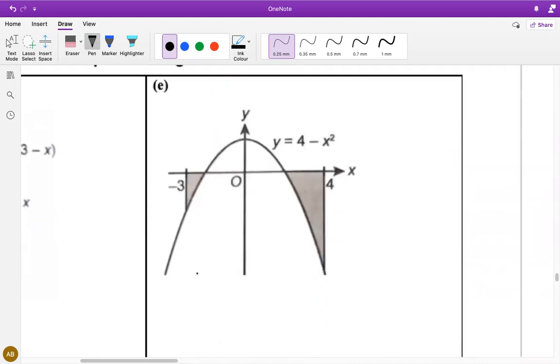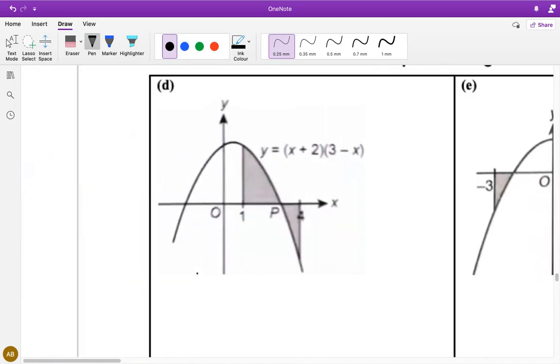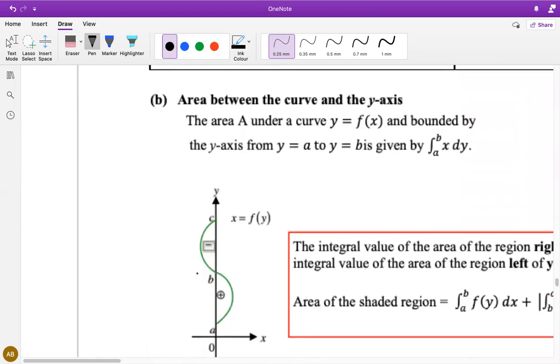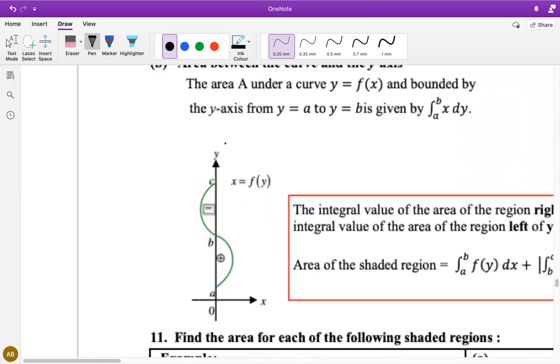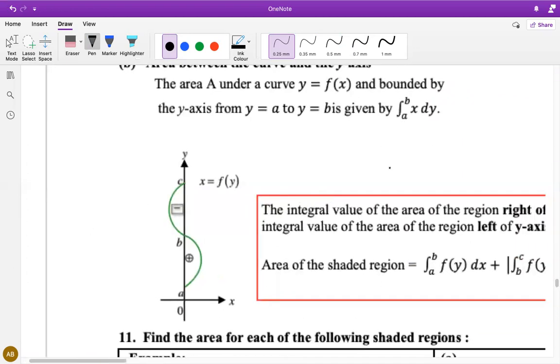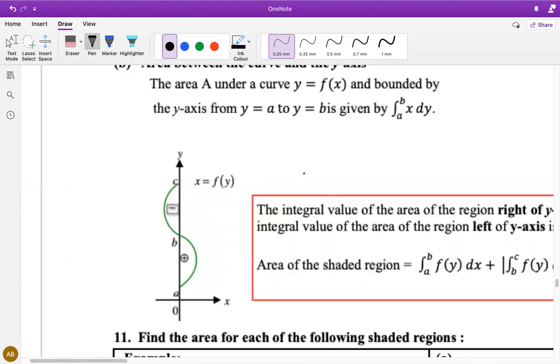If the area is bounded by the curve and the y-axis like this, then we use dy. So in this case, we can also write the integral from a to b of x dy, or of f(y) dy. So we integrate with respect to y.